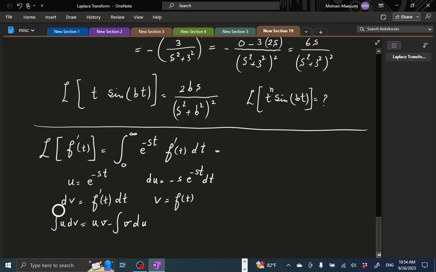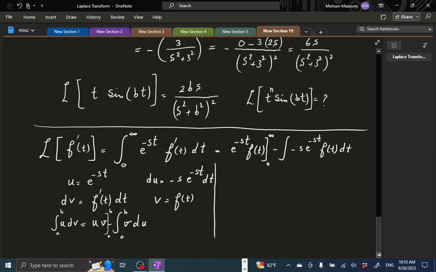And if we have boundaries from anywhere to anywhere else, we have the same boundaries on the right hand side. So uv will be exponential of minus st f of t, evaluated between these two boundaries from 0 to infinity, and then minus the integral of v du, so that's going to be minus s exponential of minus st f of t dt.